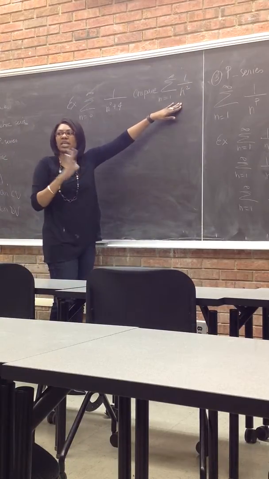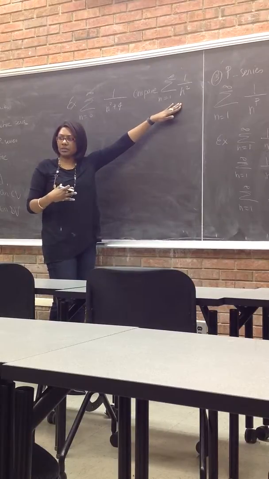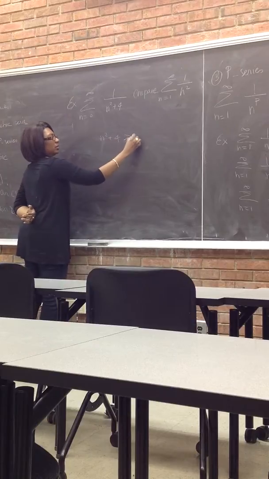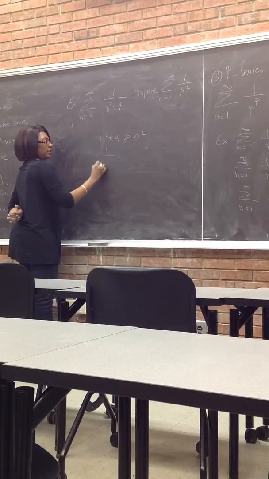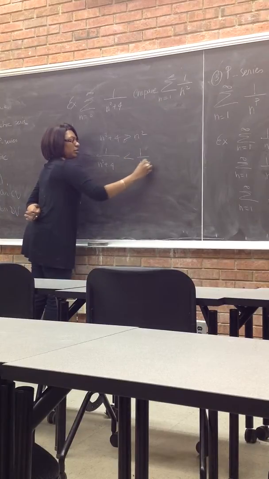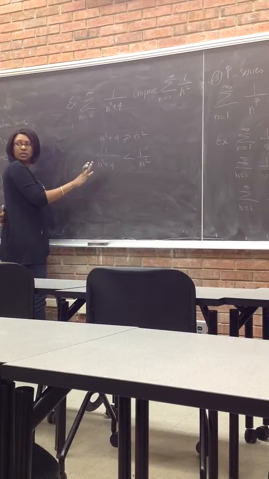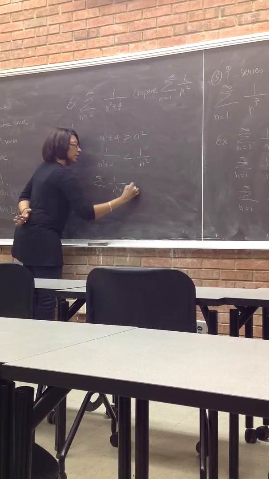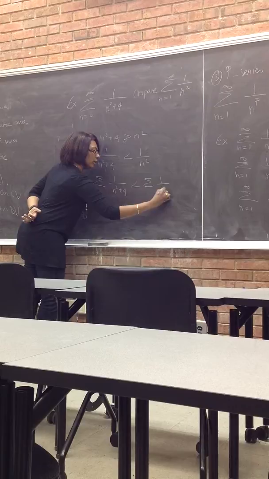I don't care which one is AN or BN. I just need to make that comparison. So n squared plus 4 is bigger than n squared, so 1 over n squared plus 4 will be smaller than 1 over n squared. This is what I need to have, period. So summation 1 over n squared plus 4 is less than summation 1 over n squared.